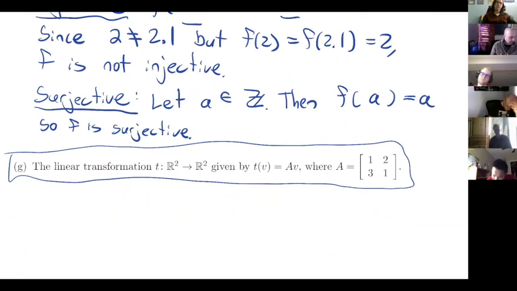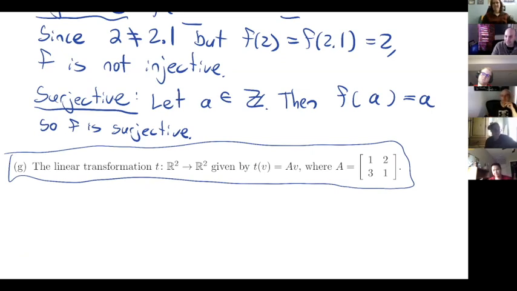So for G, I don't know if everybody has taken or will take linear algebra, but if somebody has taken it, how can we check to see whether a transformation is bijective? Does anyone know? Okay, well then we'll skip that.